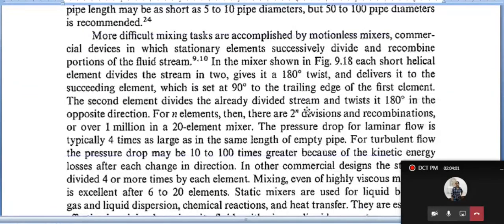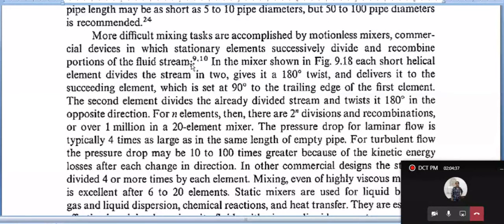Yeah. In the mixer shown in the above diagram, each short helical element, that is the diagram of a helical element, divides the stream in two. Okay, very good. We know that each element can divide into only two parts, not beyond that. Now, once it goes to the second element, that will divide the already divided stream into two parts. Remember the statement. Once the gas enters, the first element divides the gas into two parts, whereas the second element divides the already divided gas again into two.